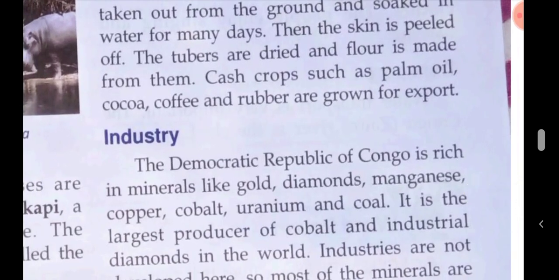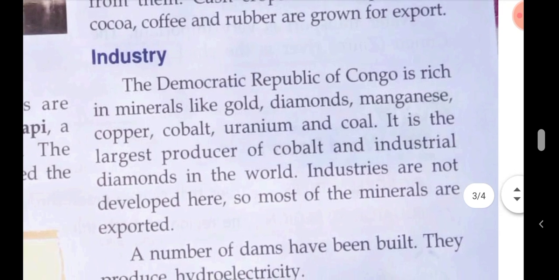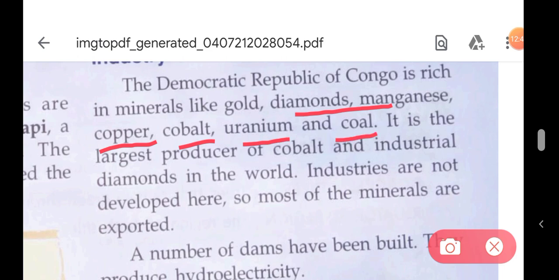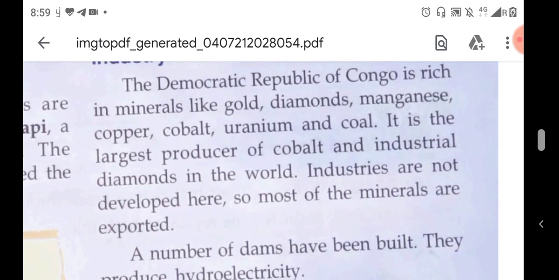Now, the industry. The Democratic Republic of Congo is rich in minerals like gold, diamond, manganese, copper, cobalt, uranium and coal. It is the largest producer of cobalt and industrial diamonds in the world. Industries are not developed here, so most of the minerals are exported.